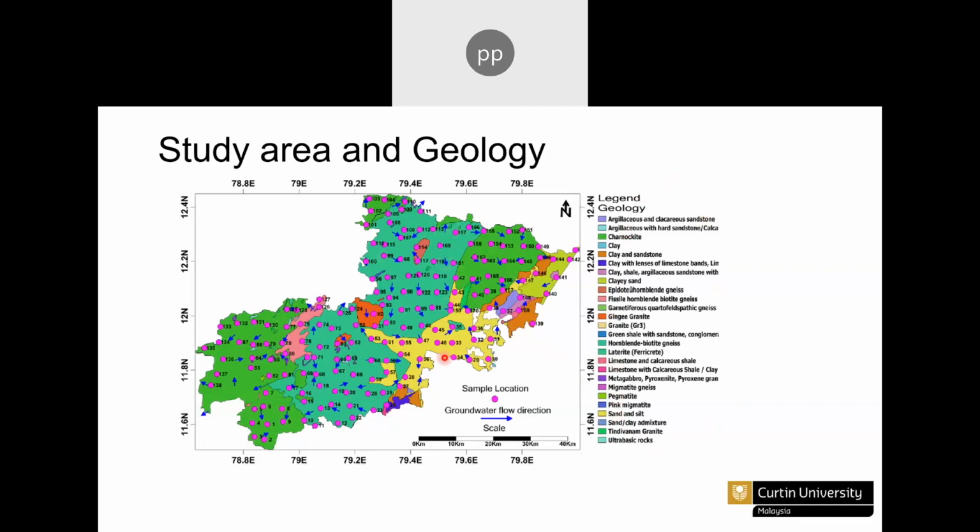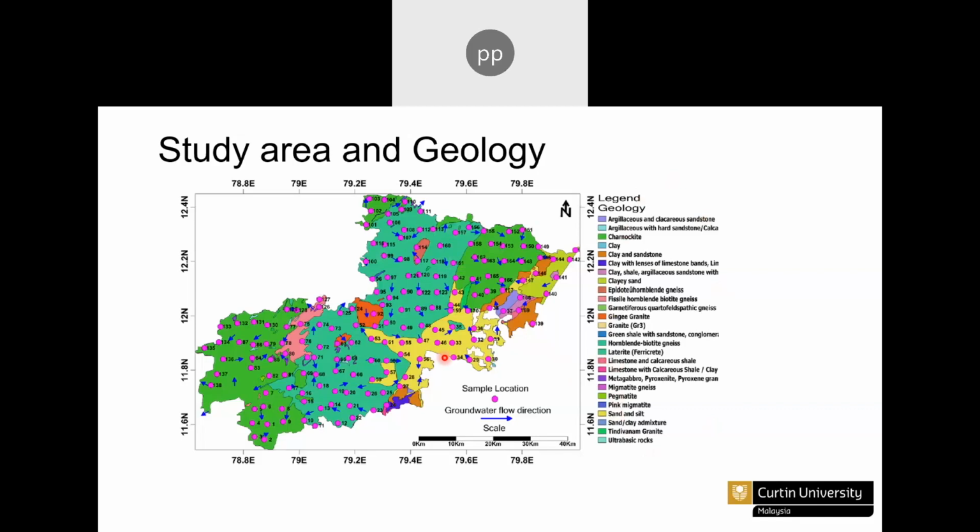As I mentioned at the beginning, groundwater is in very close contact with the surrounding rocks and minerals, so it can easily dissolve them, and all the minerals and elements go into the groundwater, so that will affect the groundwater quality. The study area I am showing now has very complex geology.